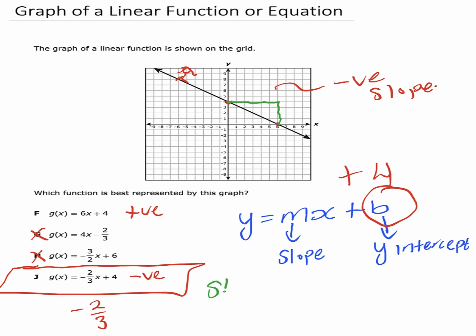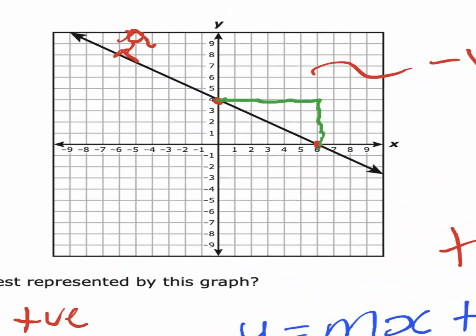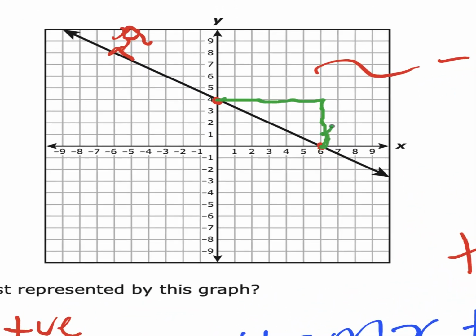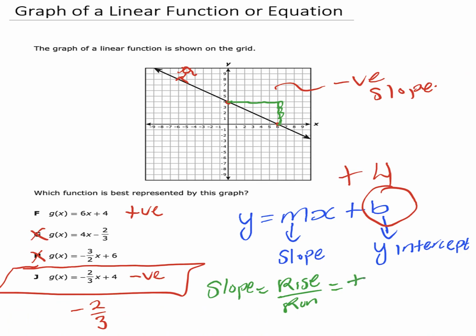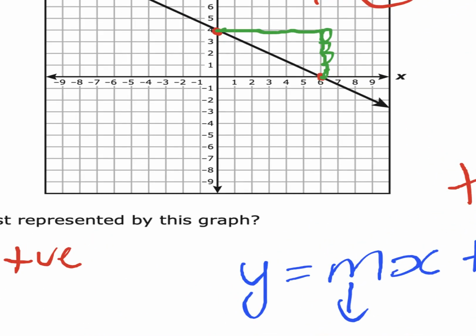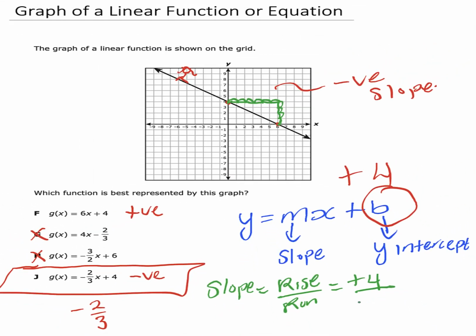Remember, your slope is rise over run. So notice I'm rising 1, 2, 3, 4 units. So that's a positive 4. And then I'm going to run, and I'm running to the left. I'm going to run 1, 2, 3, 4, 5, 6. And because I'm going to the left, that's negative 6.